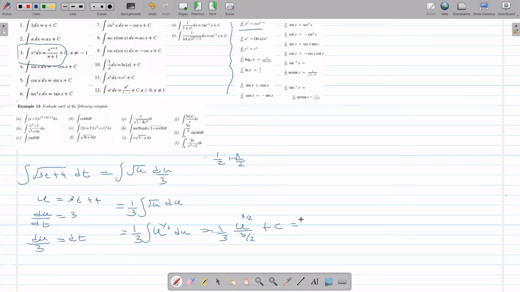Yeah, I can simplify it a little bit. This 3 over 2, I can write 2 over 3 u to the 3 over 2 plus c. Here I flip and multiply. 2 over 9. Also I substitute for u. Okay, u is 3t plus 4.